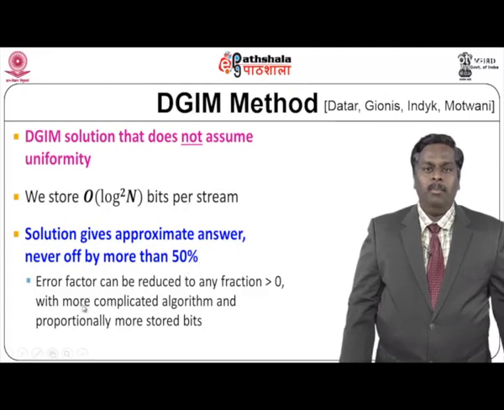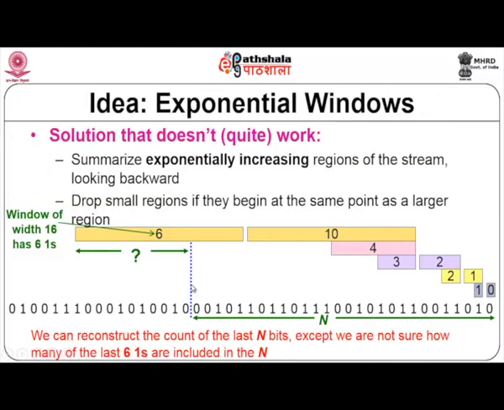So, they compute the error factor, which can be reduced by a fraction f greater than 0 in many scenarios, when you work on how you are going to save the bits per stream. The total size of the memory which you are going to make use of decides the complexity of the algorithm. Now, the idea of the DGIM method is that it is based on exponential windows.